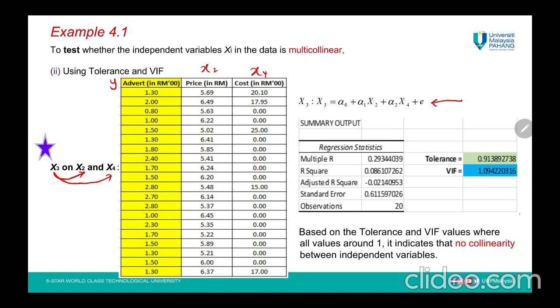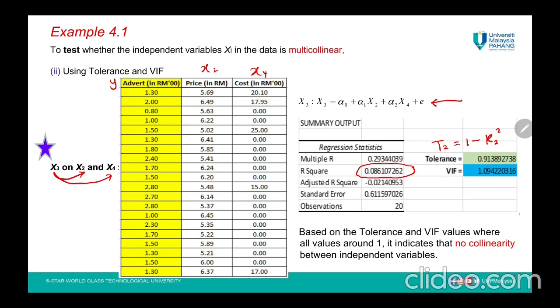Based on the regression output, now to calculate T2, because it is for the second independent variable, which in this case is advertising, T2 equals 1 minus R2 squared. And to get R2 squared, we can obtain that value from this part.